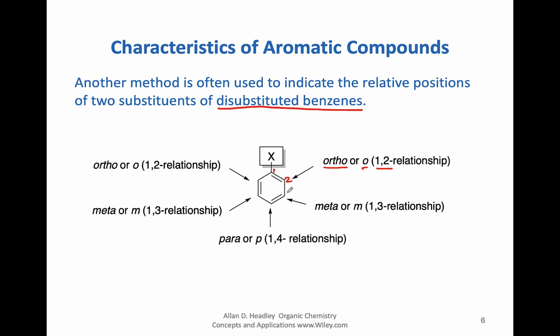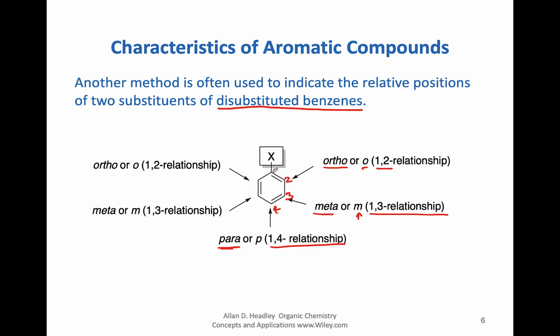If it's a 1-3 relationship, it's described as a meta relationship, or a M. And of course, if it's a 1-4 relationship, as shown here, it's described as a para. So we'll use these terms frequently as organic chemists to describe the relationships between two groups on a molecule.